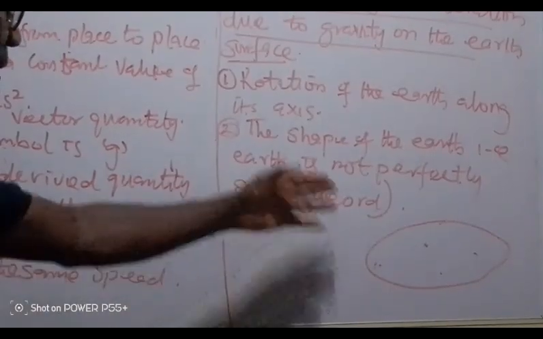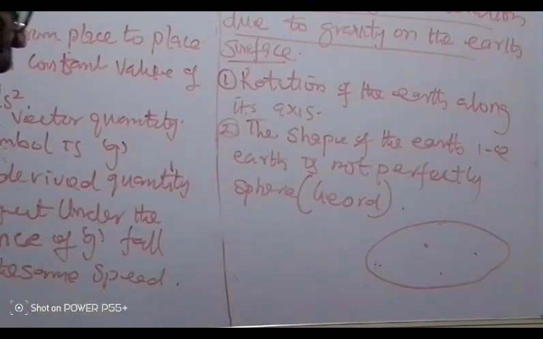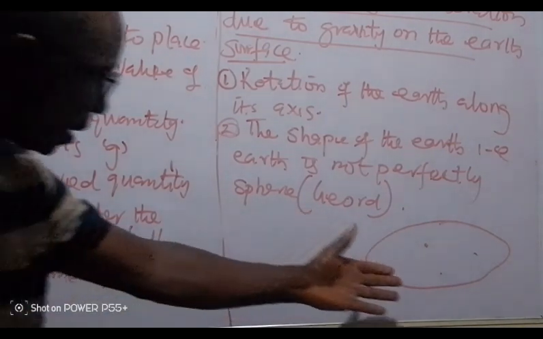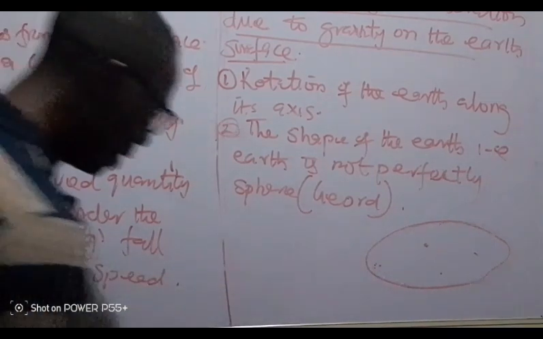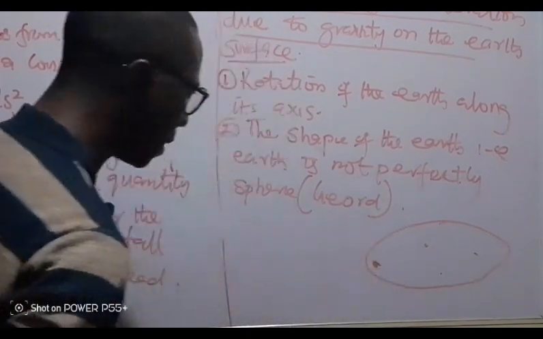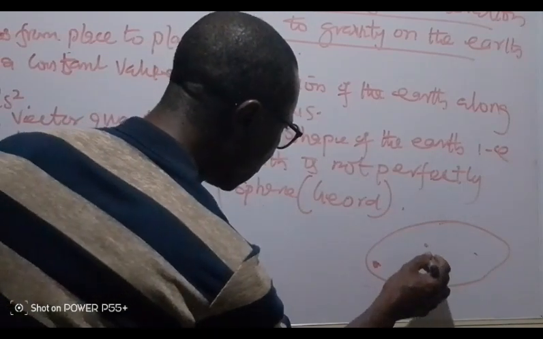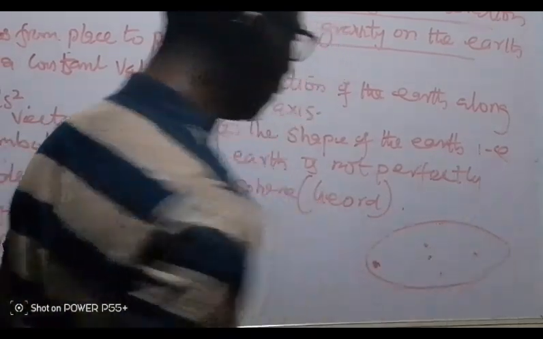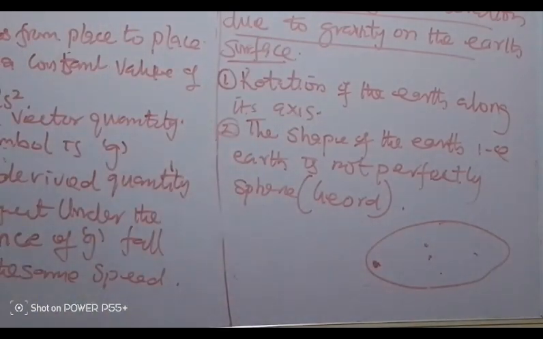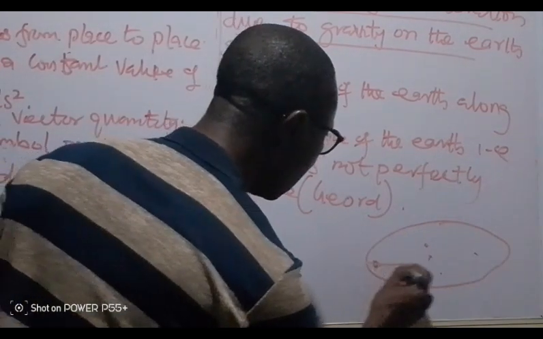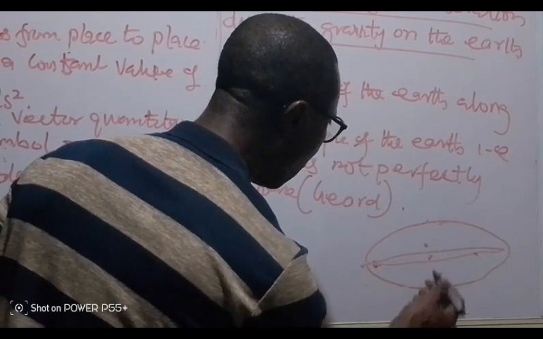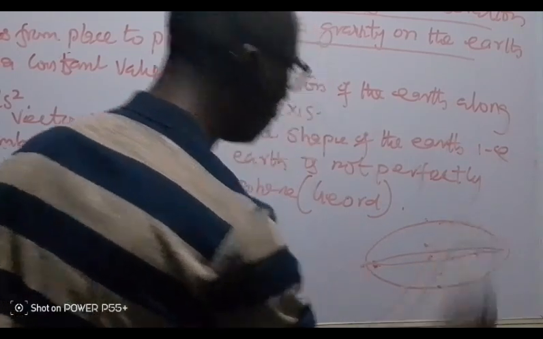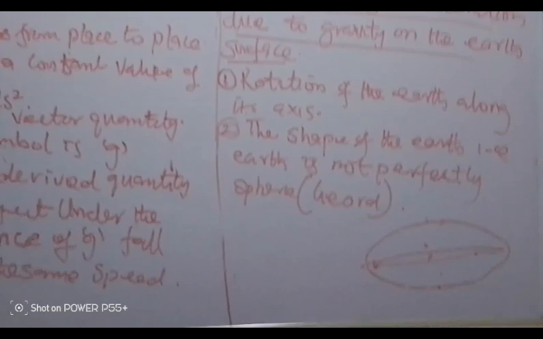Let's say this is the shape of the Earth, geoid in nature, not perfectly spherical. A point is located here, another point is located here. They have different values of acceleration due to gravity, especially as you move from the equator to the pole, either the north pole or the south pole of the Earth. The value of g varies.